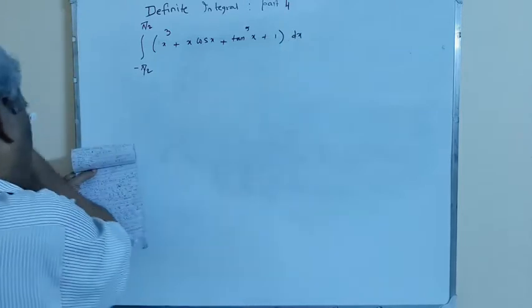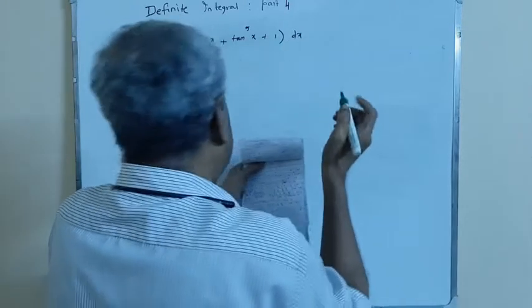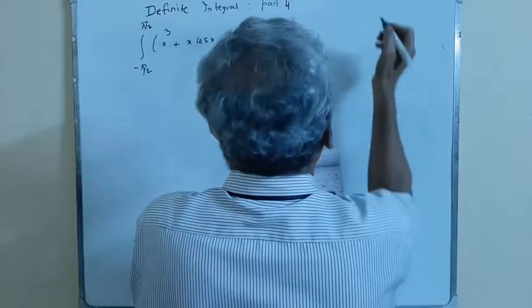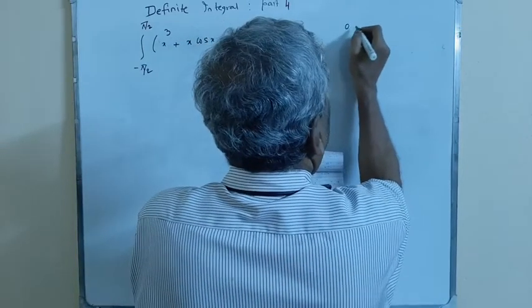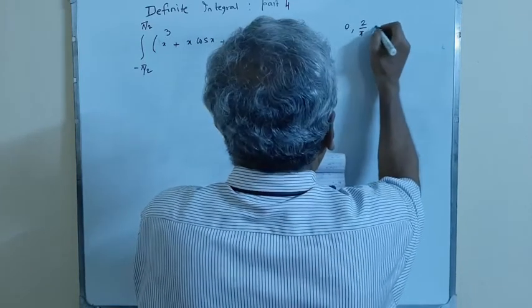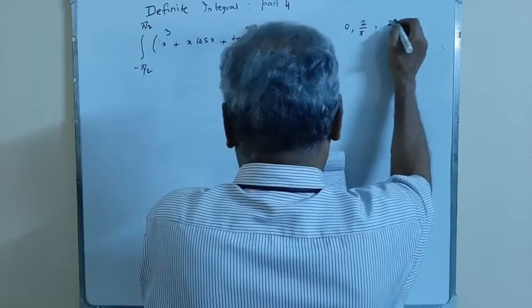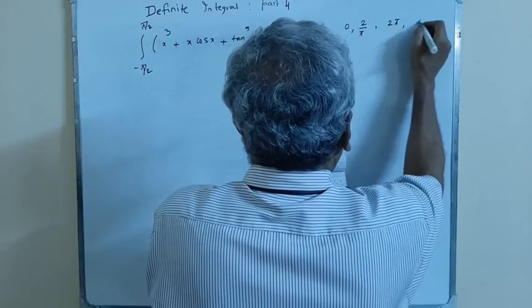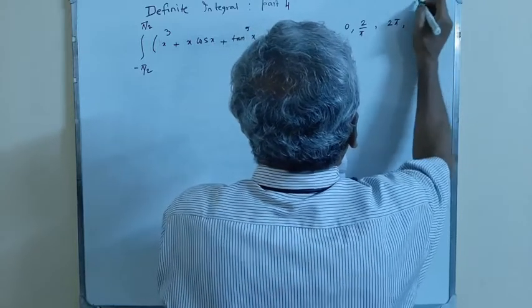The options are 0, 2 by pi, 2 pi, and pi.